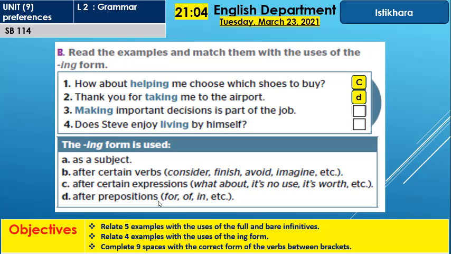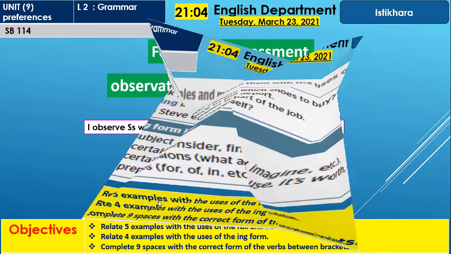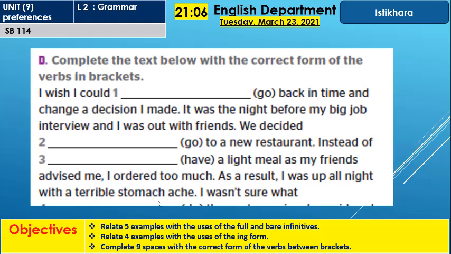So it is A because it occupies the subject position. And the last sentence, which is a question, does Steve enjoy living by himself? The ing form follows the verb enjoy, and so it's B, after certain verbs, especially verbs of feeling. Here we are practically at the end.